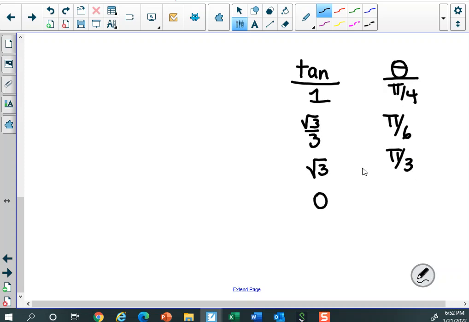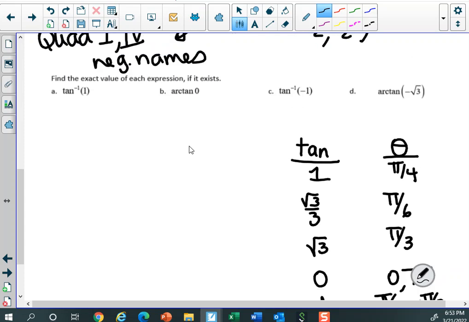Other weird ones, 0 and pi, undefined tangent at pi over 2 and negative pi over 2. Any of these that are negative going into quadrant 4 will give me negative angles.